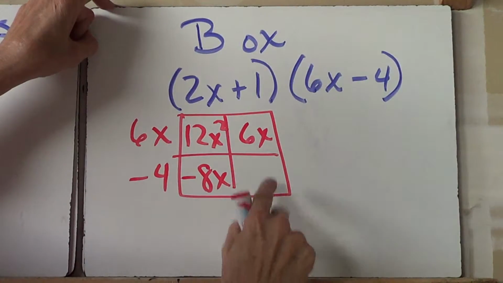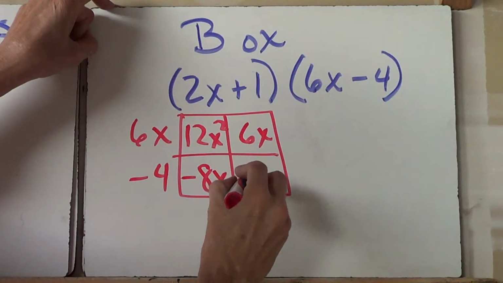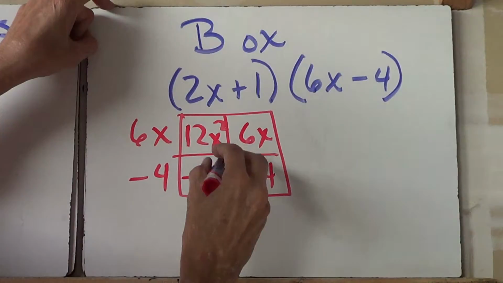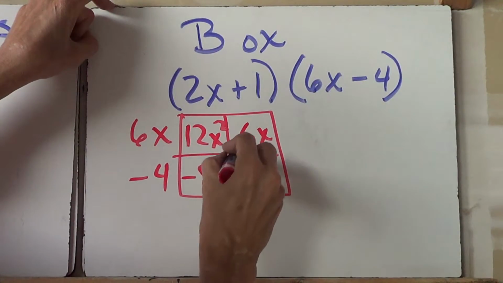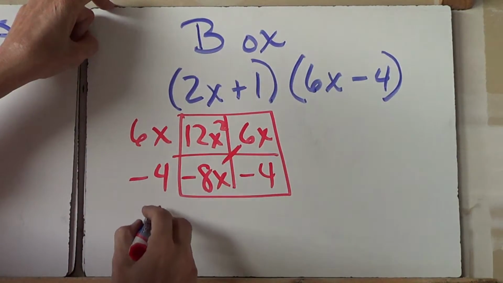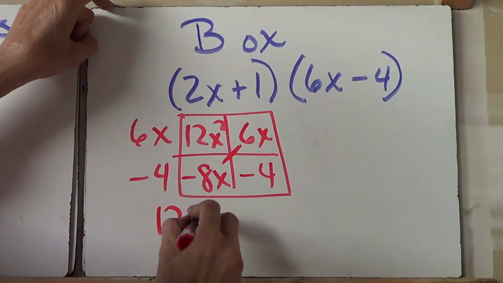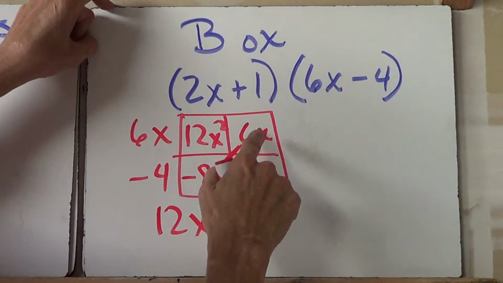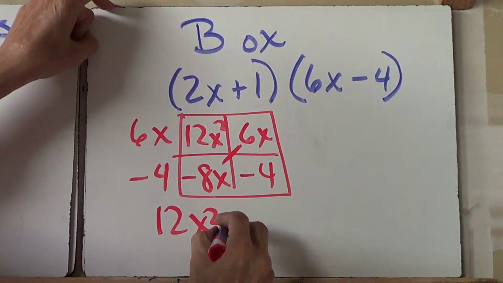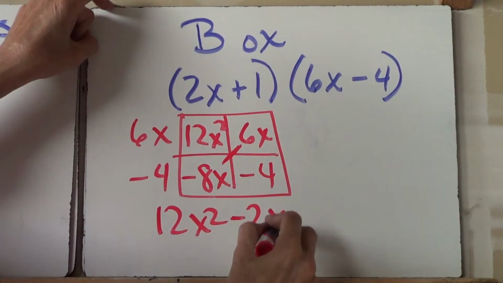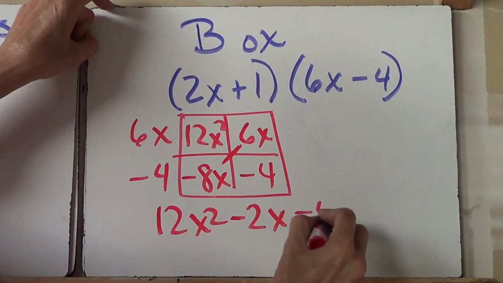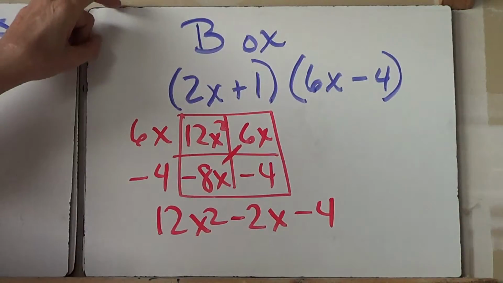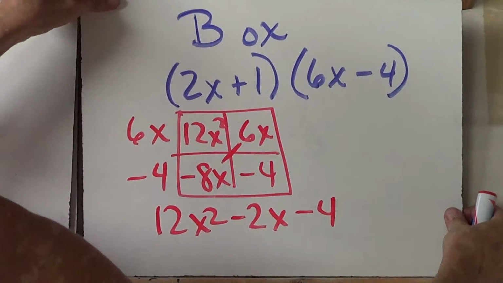And negative 4 times 1 would be negative 4. Now, if you're going to have like terms, they'll be diagonal. So we bring down our answer, 12x squared. Negative 8x and a positive 6x would result in negative 2x, and then bring your negative 4 out. Okay, so that's the box method.